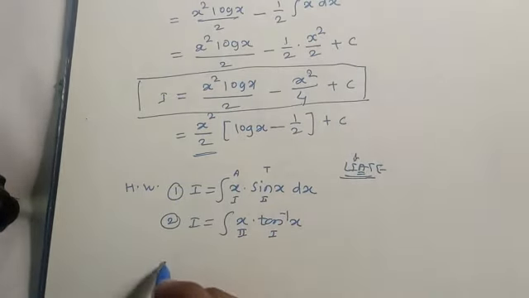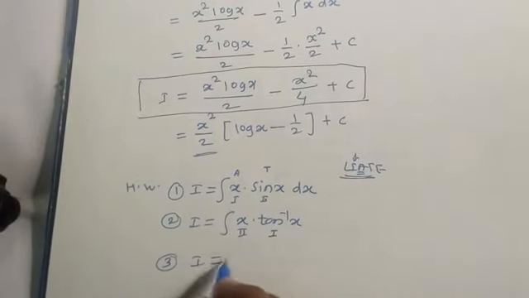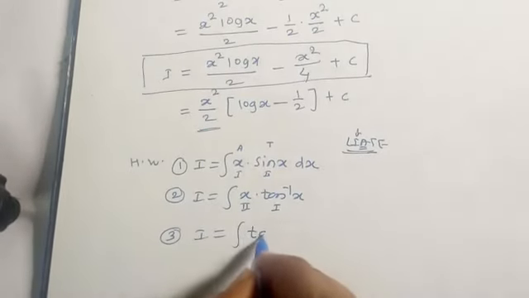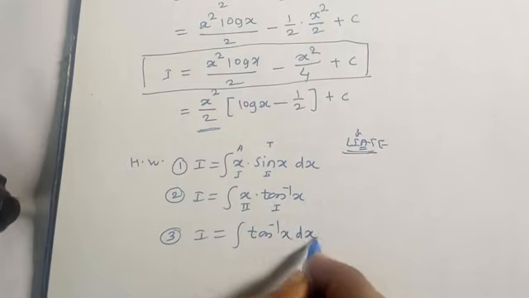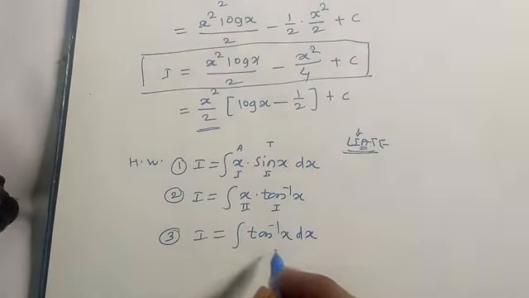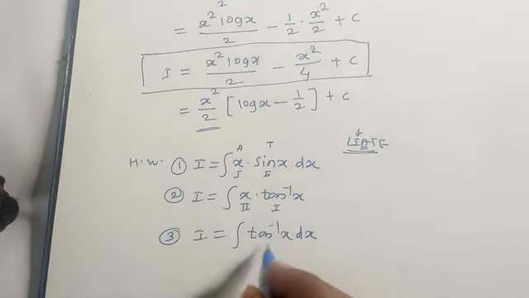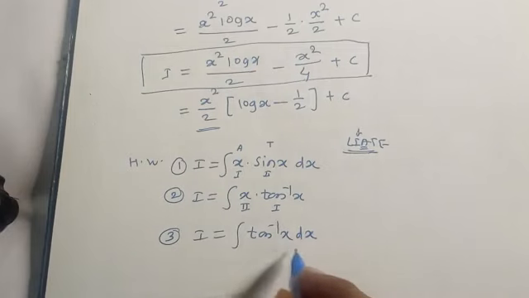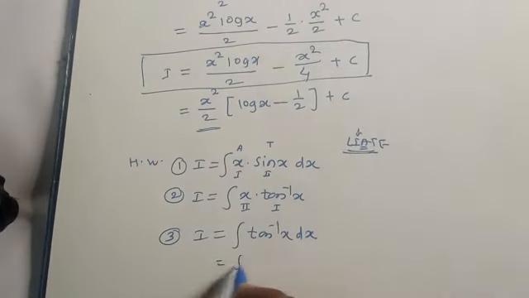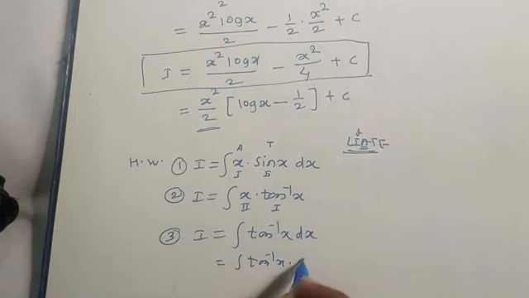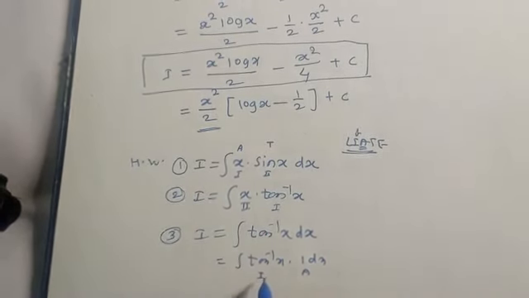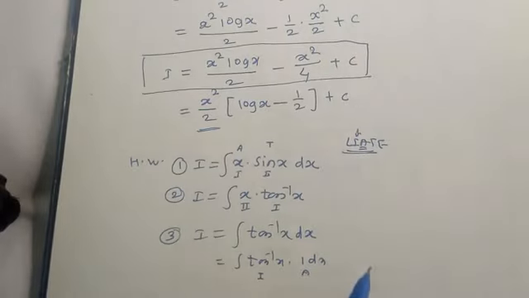And a third example for you: I is equal to the integration of tan inverse x dx. Here no other function is multiplied to tan inverse, so you can take it as the integration of tan inverse x into 1 dx. This one is algebraic and this is inverse trigonometric, so this is the first function and this is the second function.